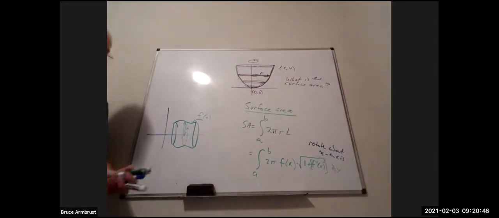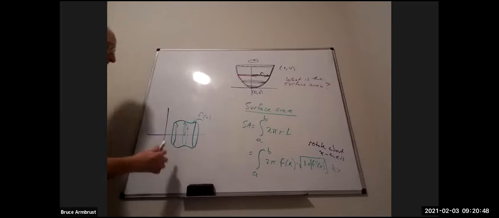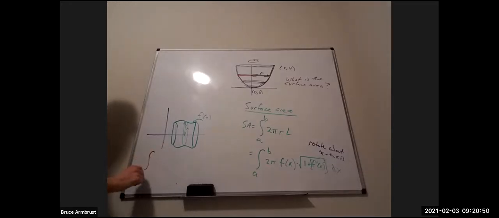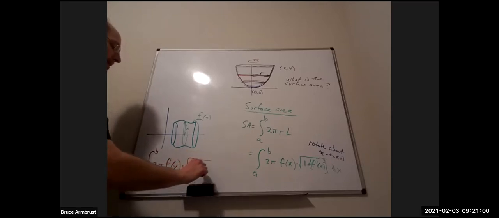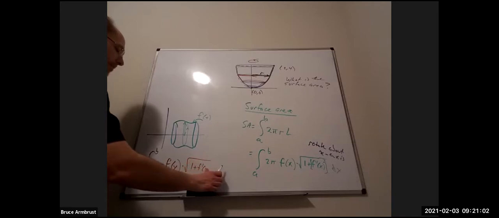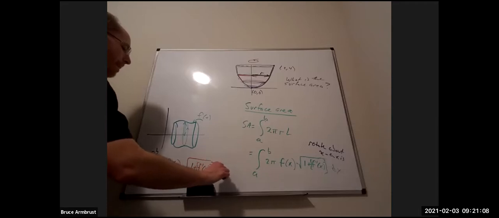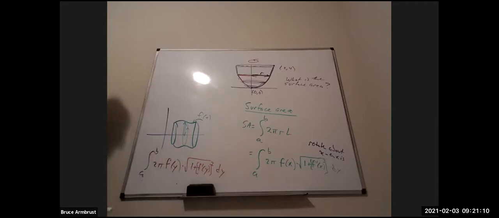So the other option, if we go about the y-axis, it's going to be the integral from a to b, 2 pi f of y times the square root of 1 plus f prime of y squared. All right, so this is the one about the y-axis.